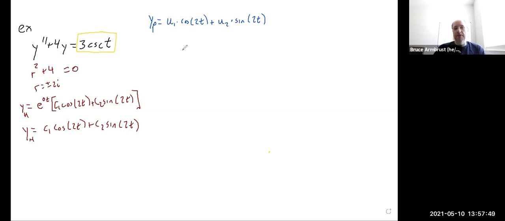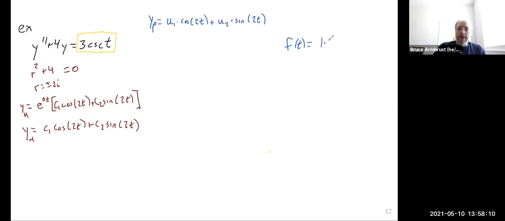Now, here's the beautiful thing. No matter what that function is, we're going to be able to split it apart like this. You can always write it as a multiple of these 2. Think about it. Here's a generic, let's just say it was f of t.